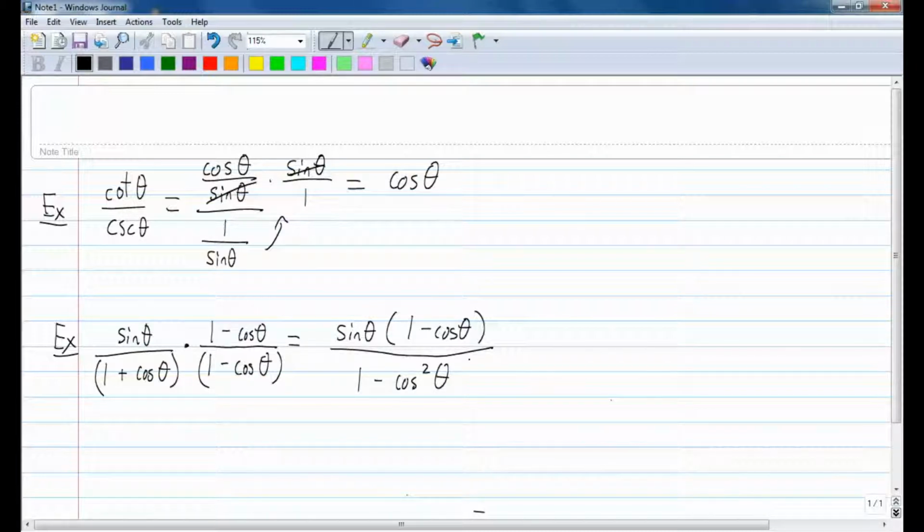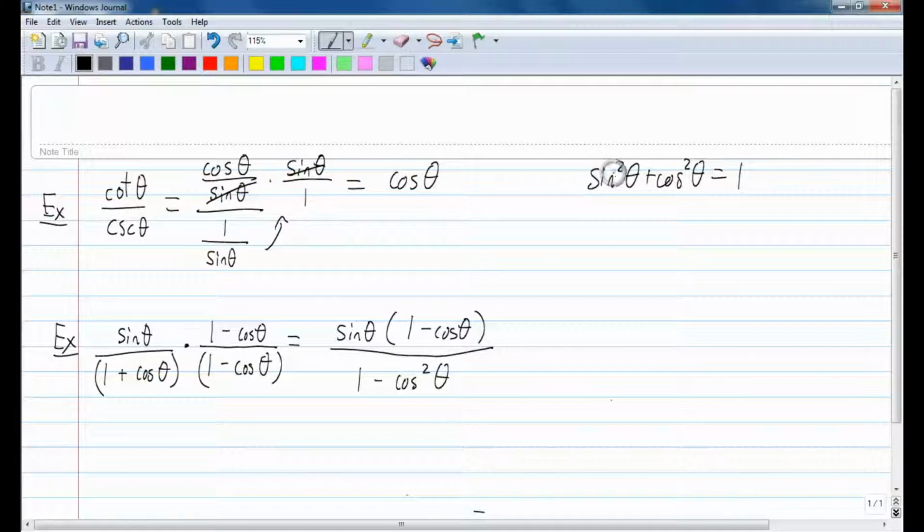And so anytime I see 1 minus cosine squared or 1 minus sine squared, you need to think about the Pythagorean identity. Because we have a Pythagorean identity that is sine squared theta plus cosine squared theta equals 1. And if I solve for sine squared or cosine squared here, that means just getting it by itself.